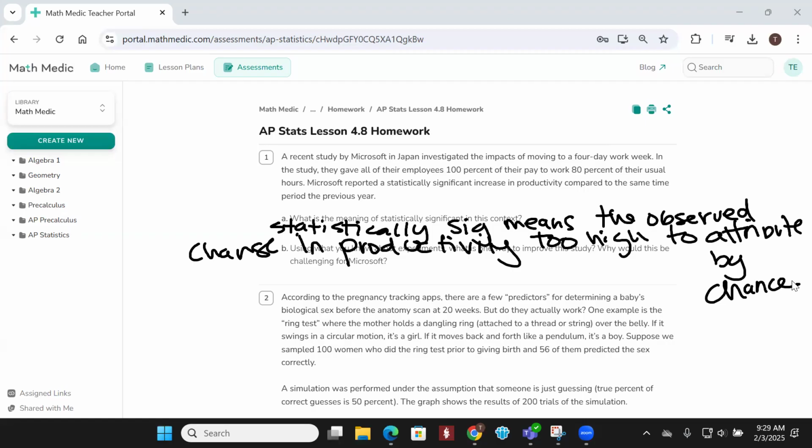Something influenced it to happen. Statistically significant means that something is impacting it. Statistically significant means the observed change in productivity is too high to attribute by chance. Does that make sense?